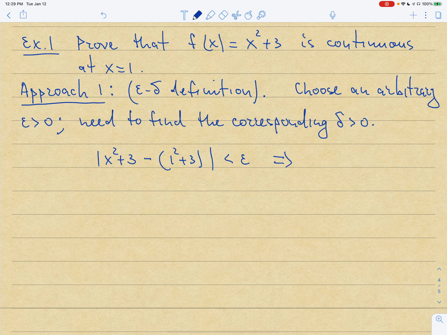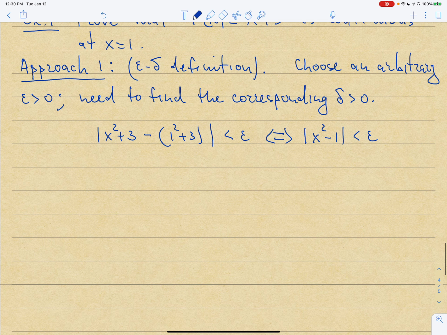This is the same thing as saying, if I open the parentheses, I have x squared plus 3 minus 1 minus 3, so that means that I want the absolute value of x squared minus 1 to be less than epsilon. All right, fine. So that means that I actually want the absolute value of x minus 1 times x plus 1 to be less than epsilon.